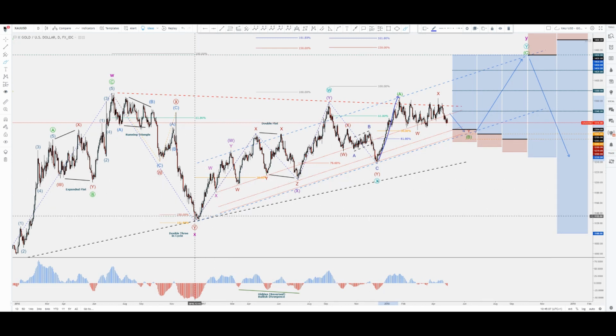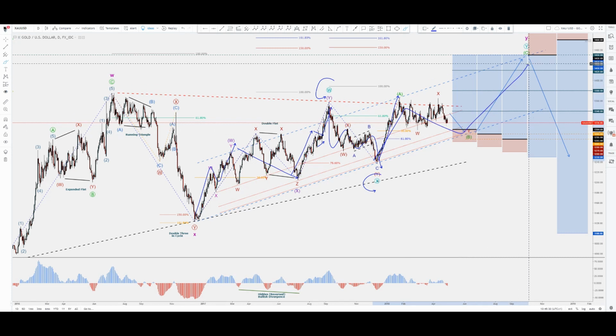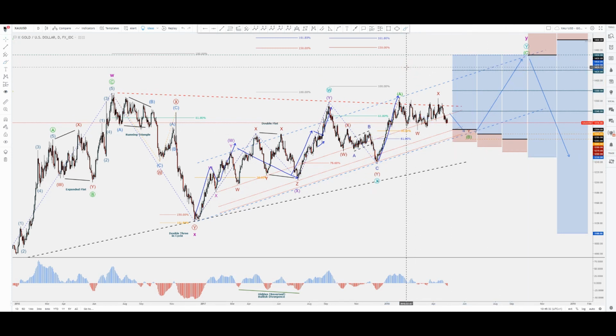So we have basically a W intermediate, X right here in a double flat complex corrective, followed up by the last leg with a triangle inside here for the Y. Thus, we have primary W and then WX ABC, primary X, and then there we go on the upside A, B, C. Should this be correct, I would be very pleased with it.